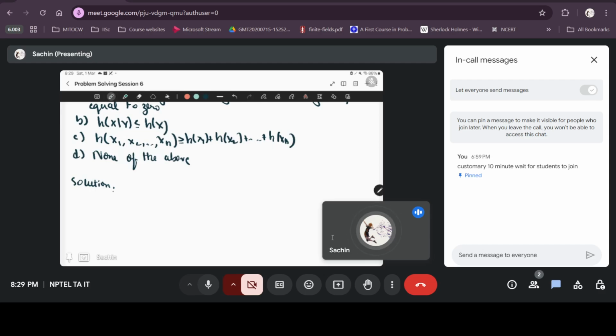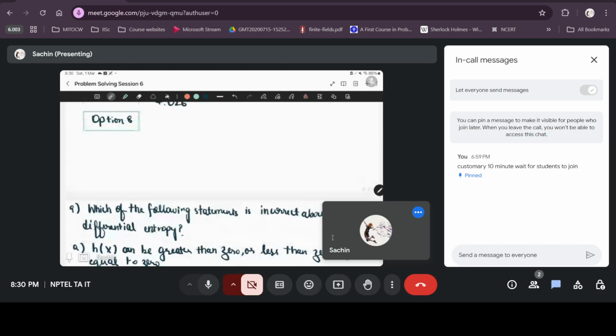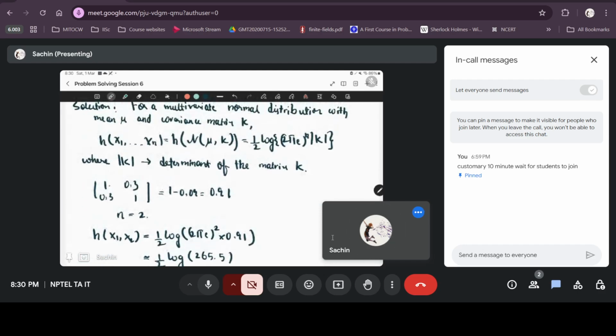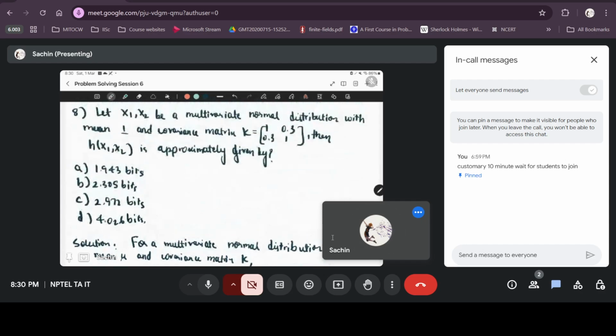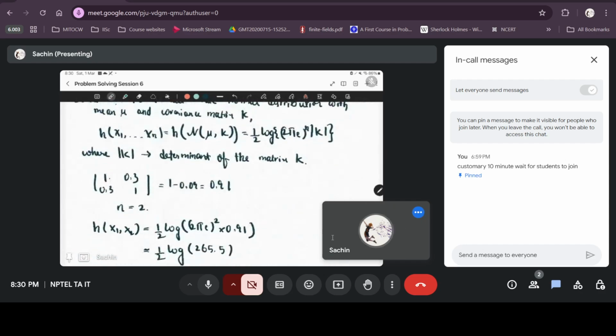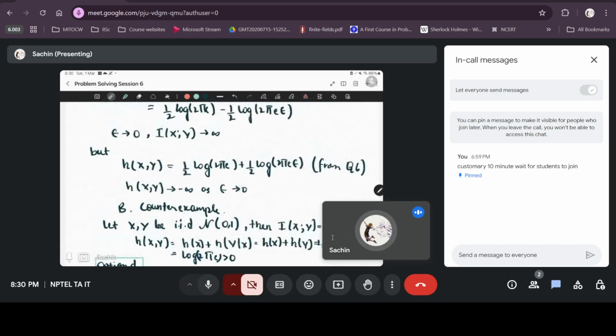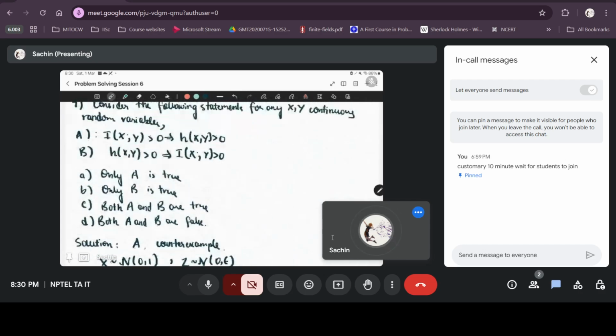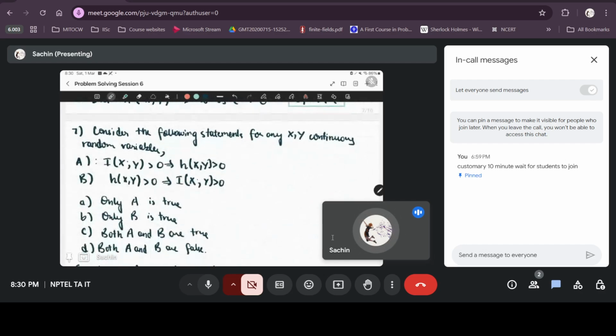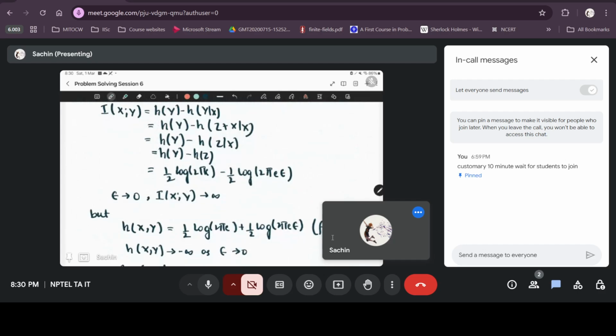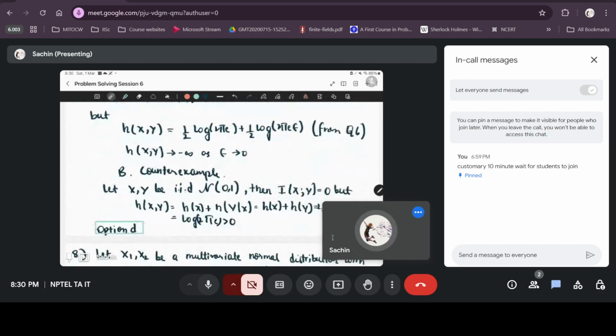That's not true for continuous random variables, and we saw an example of that in the previous questions, when we were giving counterexamples for question 6 and 7.